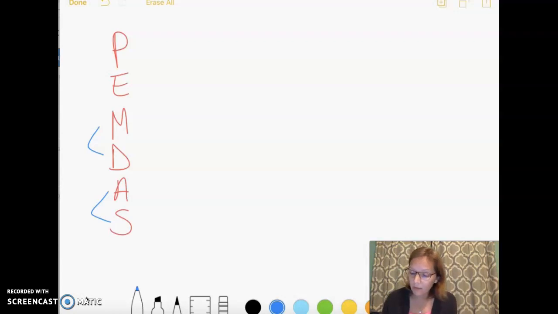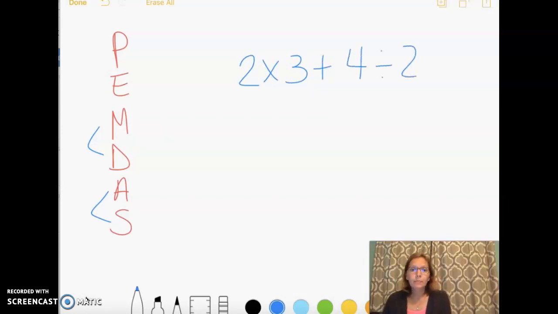So you might have 2 times 3 plus 4 divided by 2. I have to follow order of operations. If I do this problem in order from start to finish, I'm going to get the answer wrong. Order of operations says multiplication and division come before addition and subtraction.